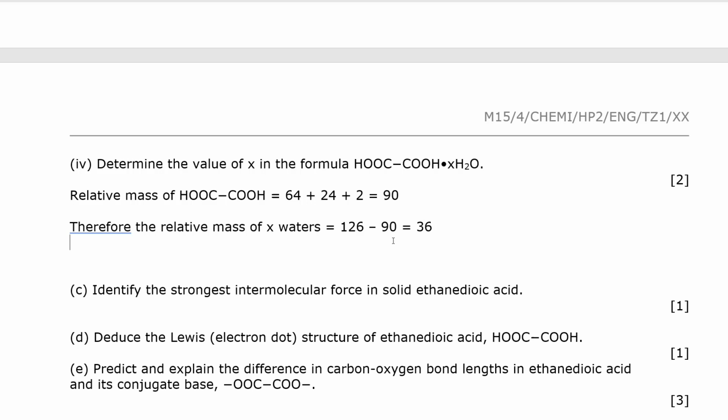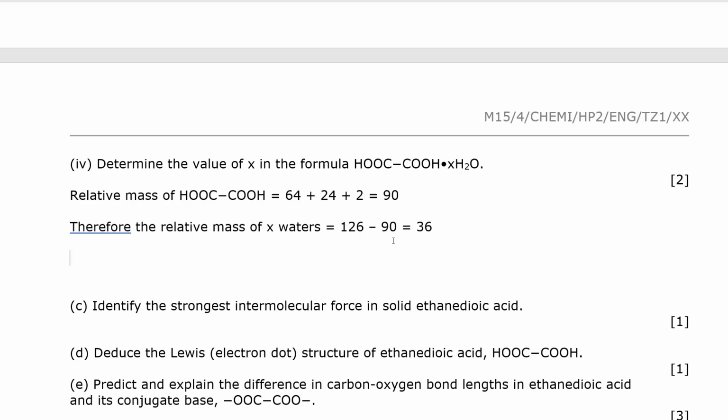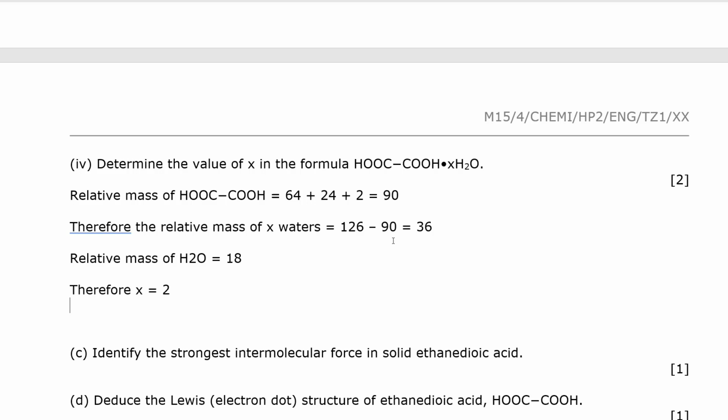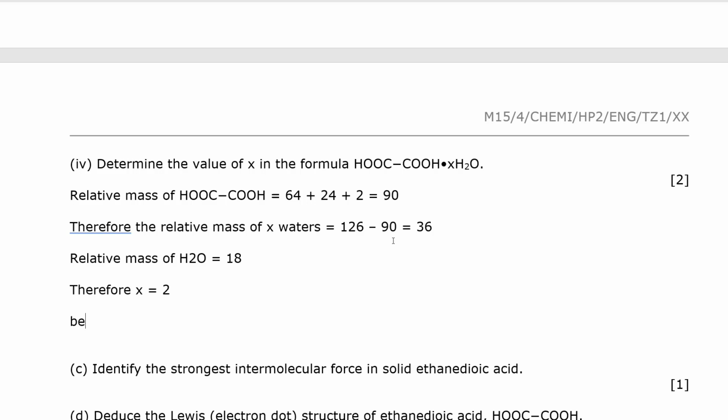Now, the relative mass of H2O equals 18. Therefore, there are 2 water molecules. Therefore, X equals 2. And if you need to explain it fully, because 2 times 18 equals 36, which is the missing molar mass bits, so to speak.